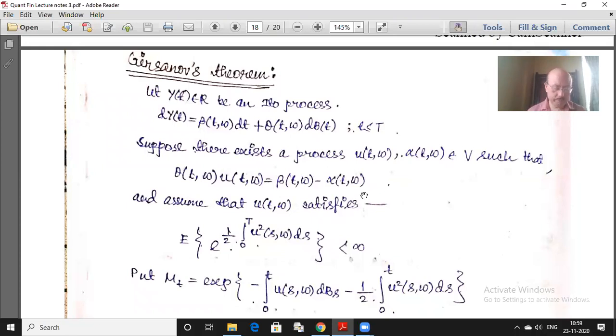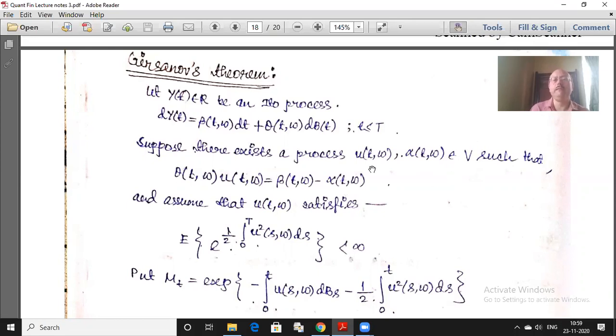Or you can rewrite it as u equal to beta minus alpha by theta, just to understand the connection between the standard normal result that we mentioned earlier and this particular situation. So basically we find u and alpha such that u is beta minus alpha by theta. That is somewhat similar to the standard normal operation.